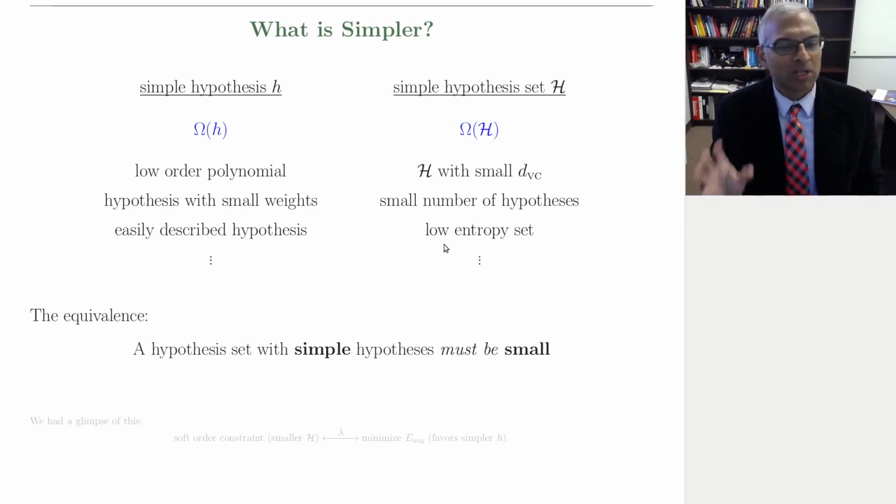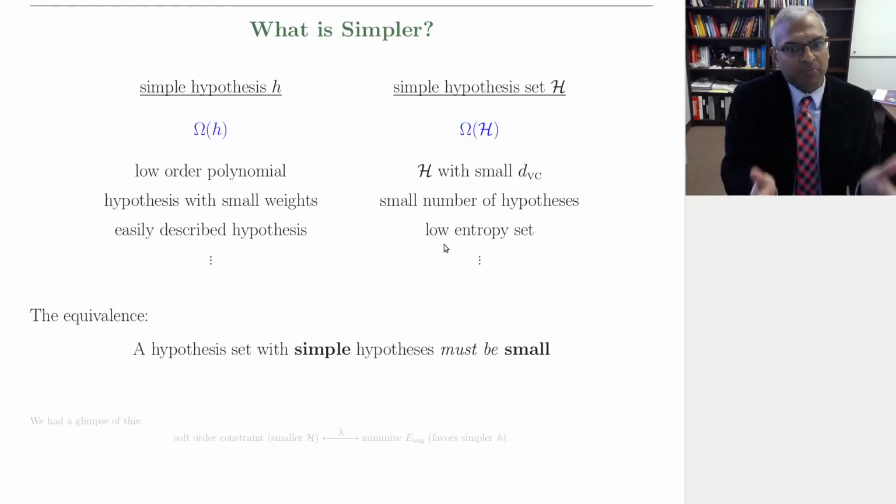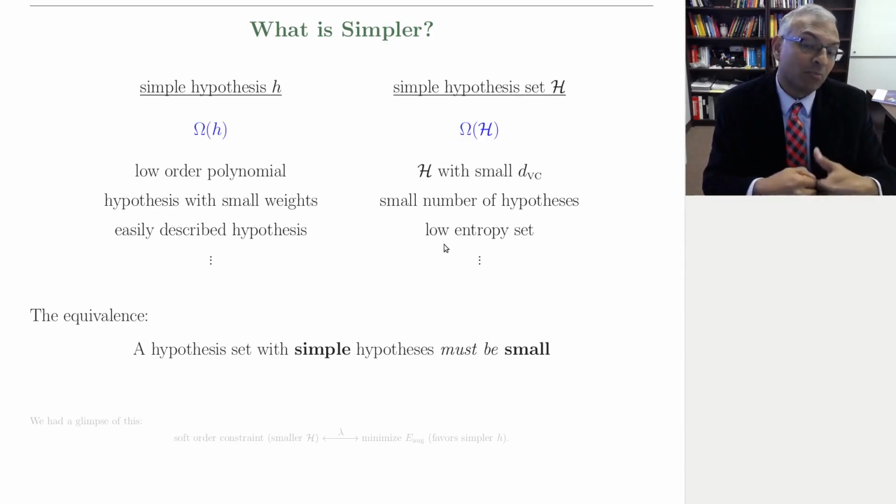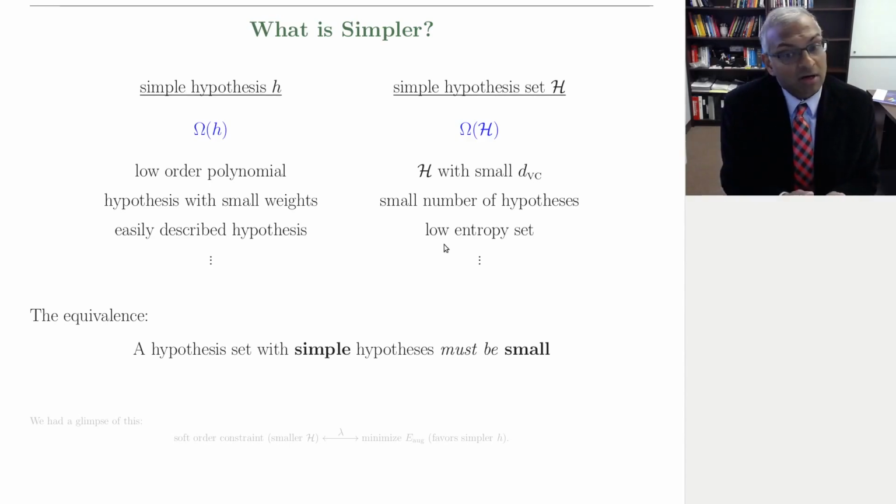It must be a small hypothesis set. And we can easily see that link if we look at hypotheses that are easily described a la programs, okay. So if you have a hypothesis set with simple hypotheses, then it means that hypothesis set is only containing hypotheses that can be implemented by short programs, but there are way fewer short programs than long programs.